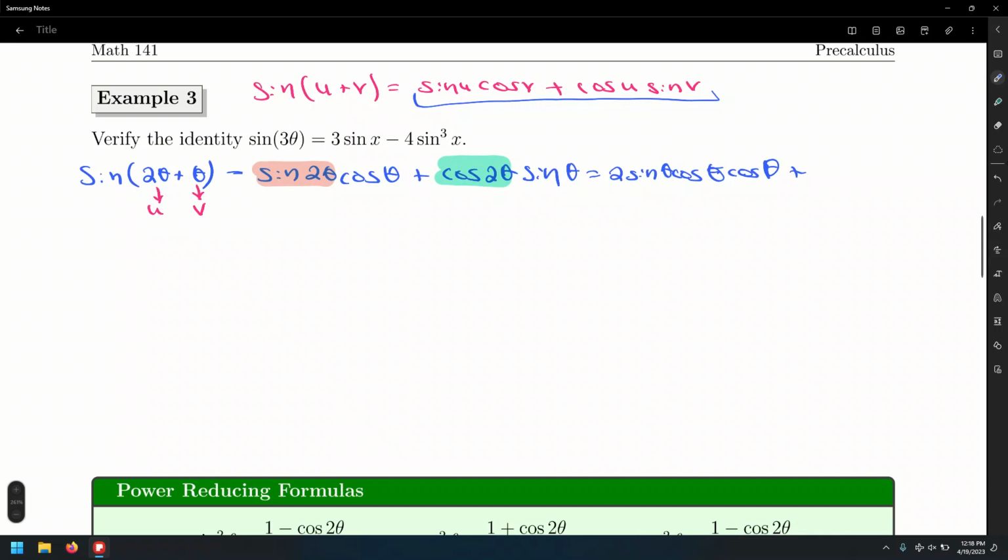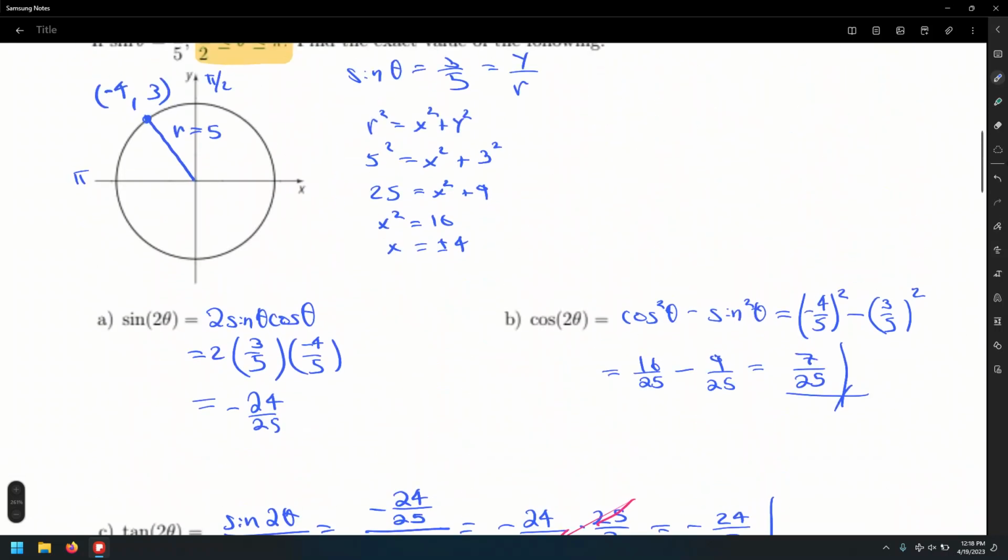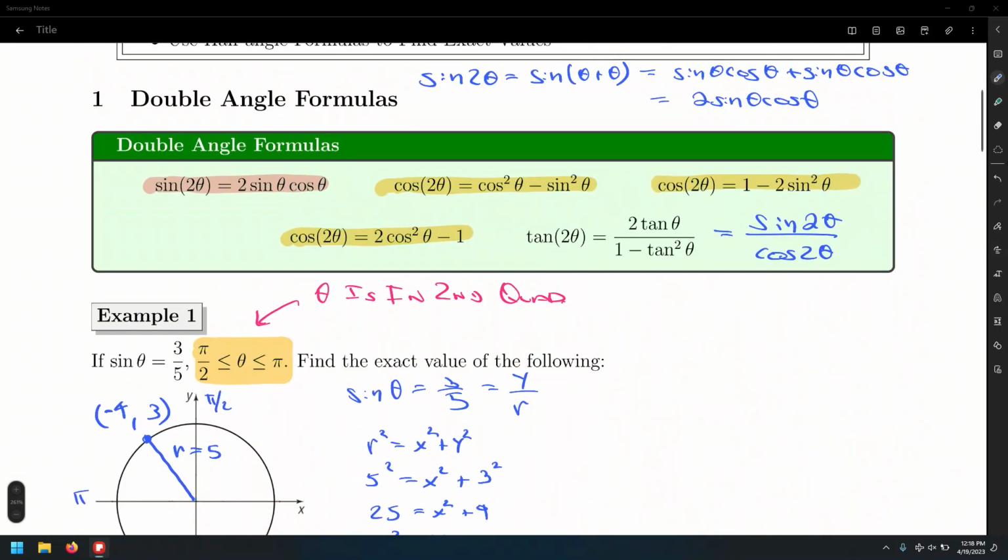How are we going to deal with that cosine 2 theta? If we recall from the previous page of this handout, there are 3 different possibilities for writing cosine 2 theta. Let's go back to those formulas: cosine squared theta minus sine squared theta, 1 minus 2 sine squared theta, 2 cosine squared theta minus 1.